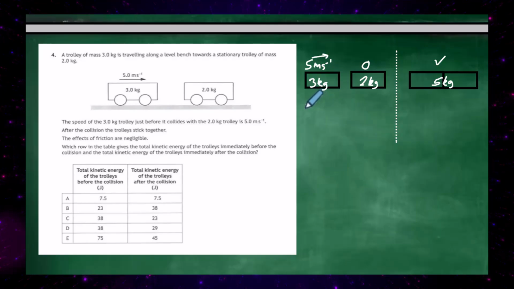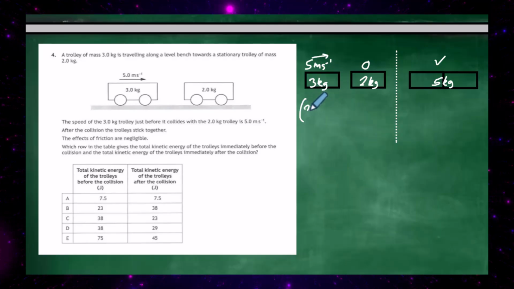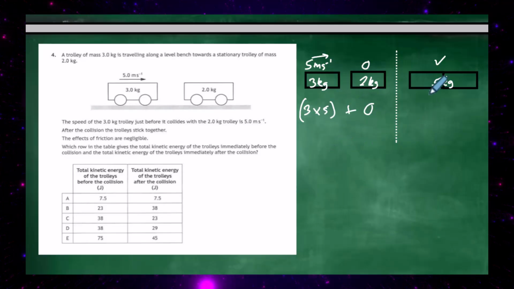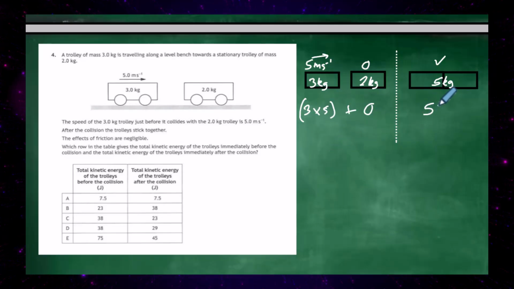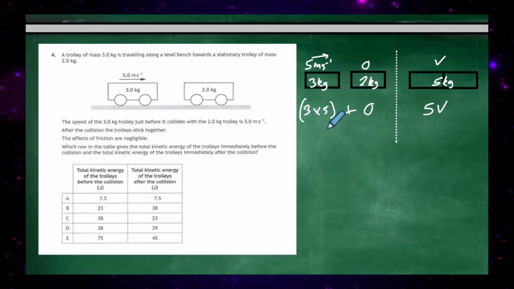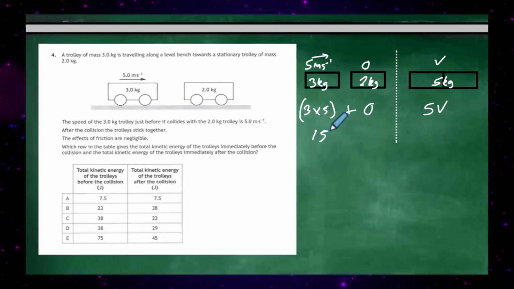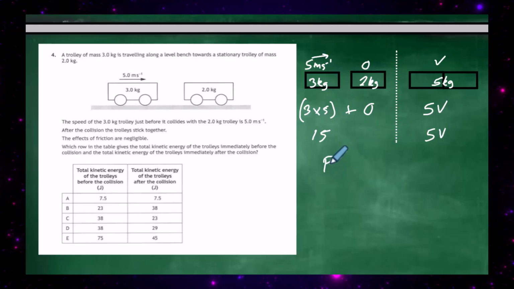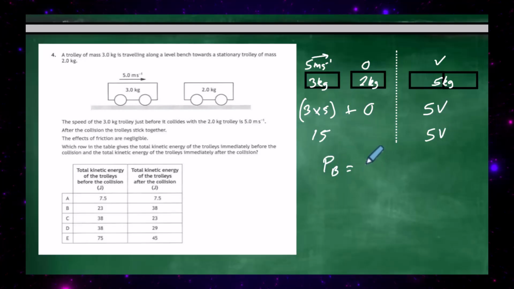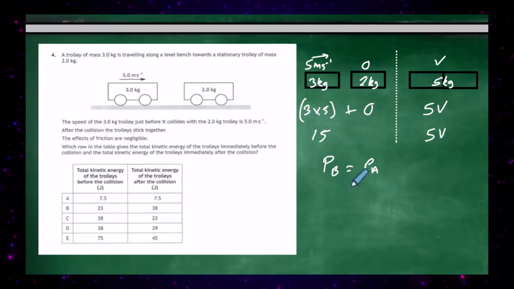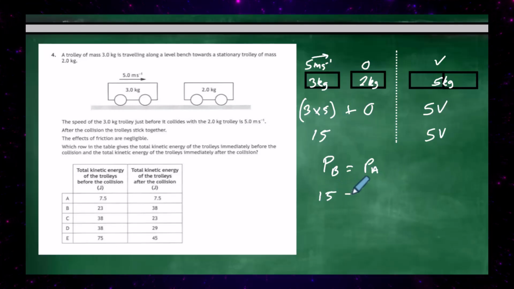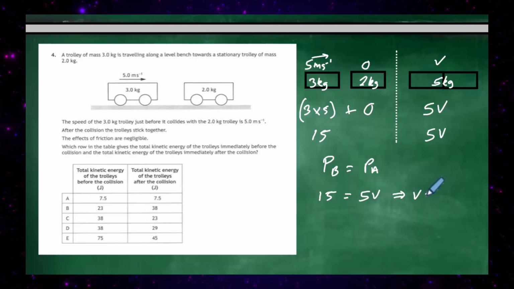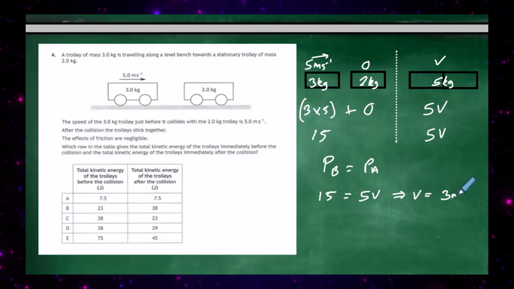The total momentum is going to be 3 times 5 in that direction, plus 0, and after collision the total momentum is going to be 5v. 3 5s are 15, so we'll get 15 plus 0 and we'll get 5v here, and we know that the total momentum before should equal total momentum afterwards. So we've got a little equation here. We'll get 15 equals 5v, and that implies that v is equal to 3 meters per second.